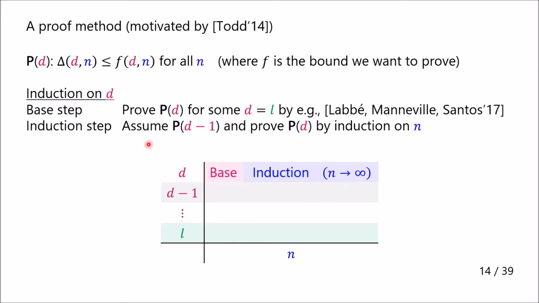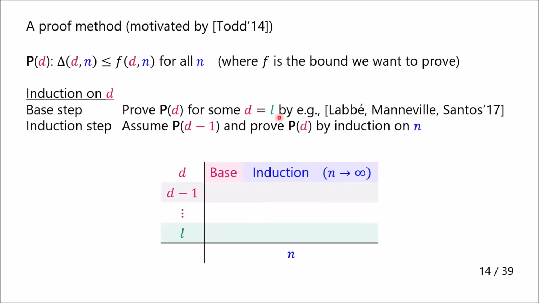The base step is to prove P of d in some dimension, say L. This can be done by using good upper bounds in low dimensions, or by computer, or the linear upper bound in fixed dimension shown in this paper.